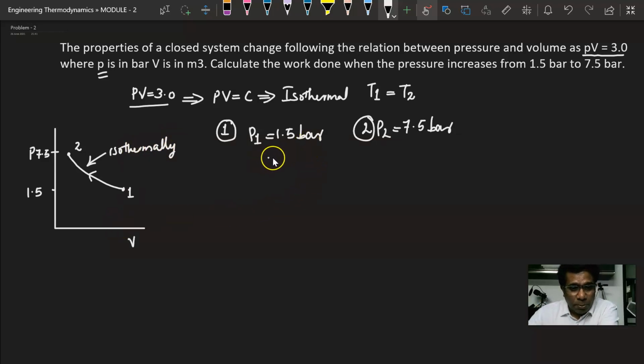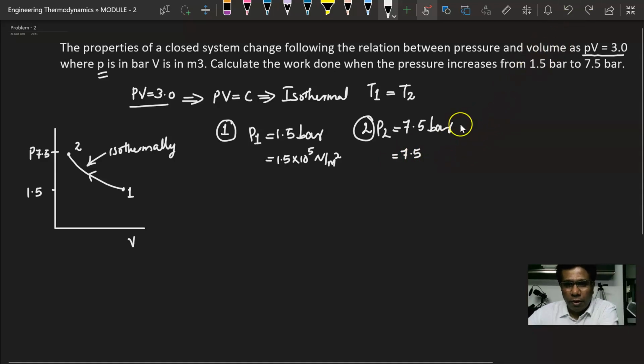Now, the pressure P1 is given as 1.5 into 10 raised to 5 Newton per meter square, and P2 can be taken as 7.5 into 10 raised to 5 Newton per meter square.